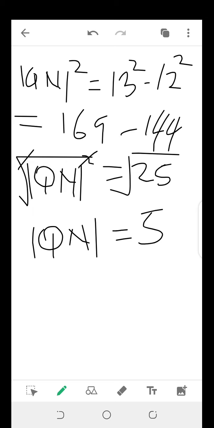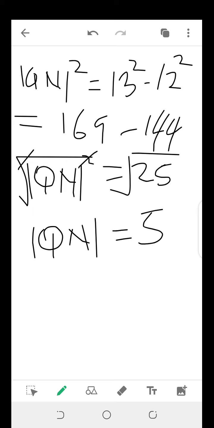Okay, so now we are done with QN. We can also calculate NR simply because we know the hypotenuse, which is 15, and we know the other length to be 12.